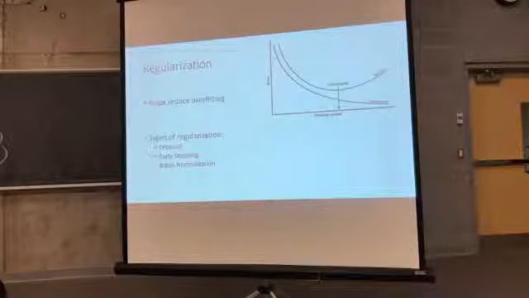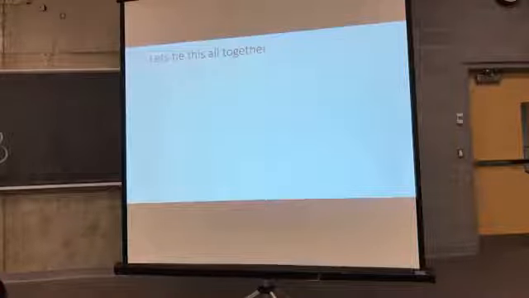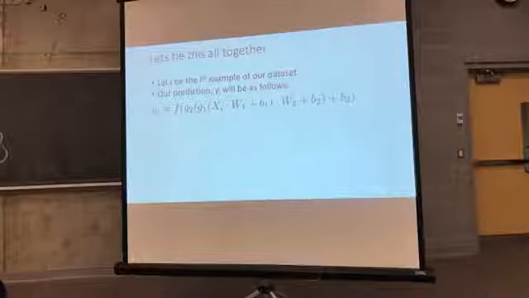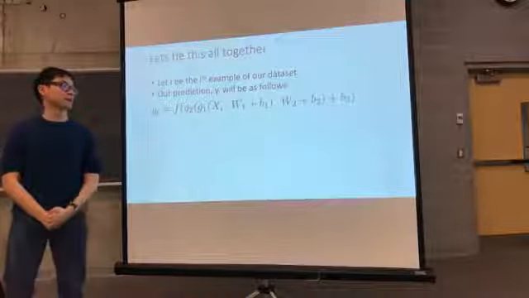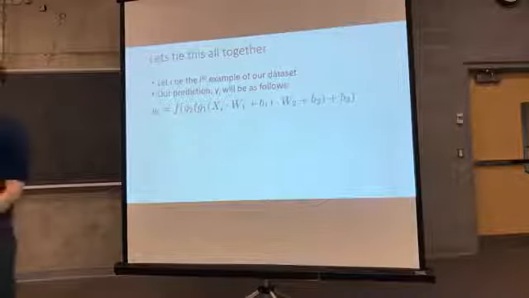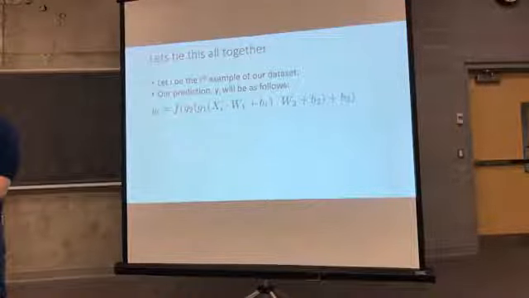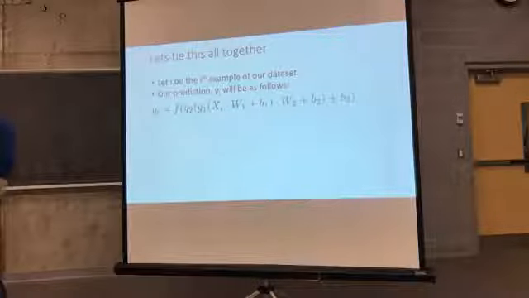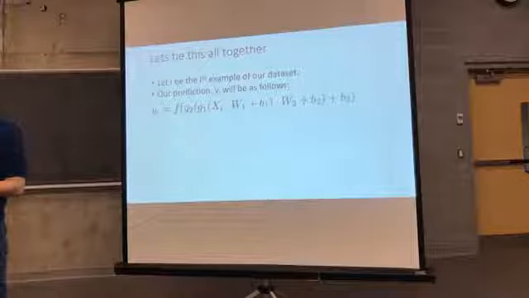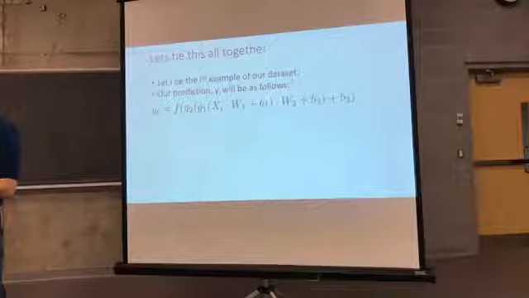It's pretty cool. Okay, so let's tie all this together. First things first, imagine we had a data set. Let i be the ith example of our data set, and we want to make a prediction on this example. An example would be one entry, let's say name, sex, and age.